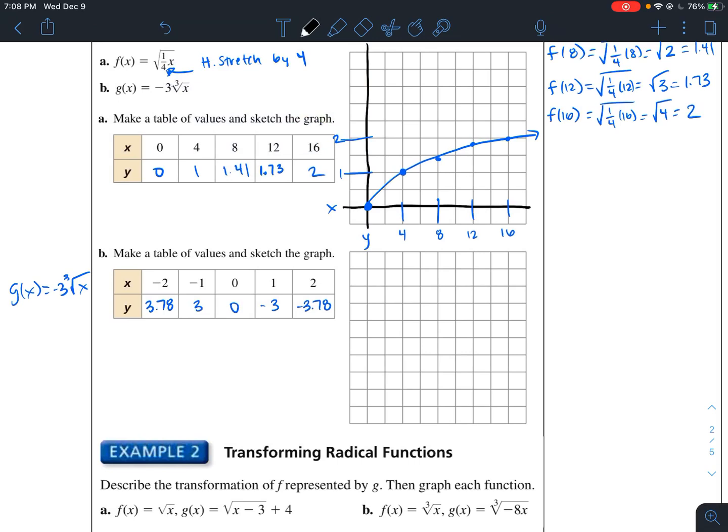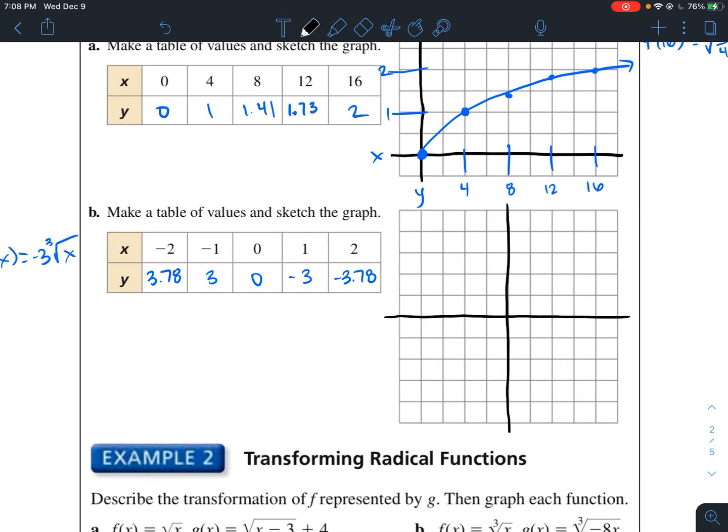So here I have both positive and negative x and y values. So let me draw my x and my y axis so that they intersect in the middle. And I'm only ranging on the x from -2 to 2. So I can call this 1 and this 2, this -1 and this -2. And on the y, I'll just keep the y as 1s. So when x is -2, I'm at positive 3.78.